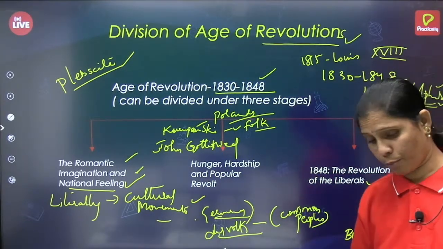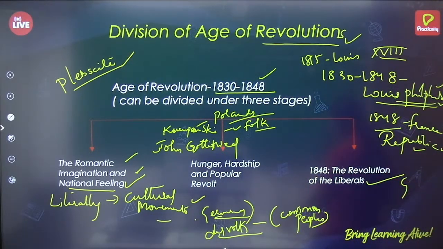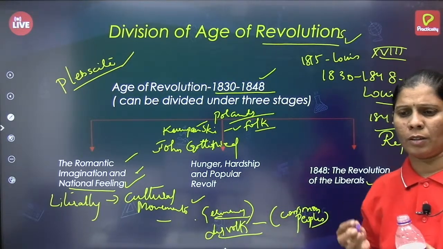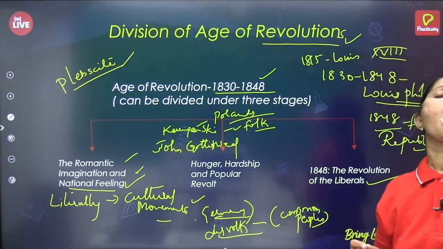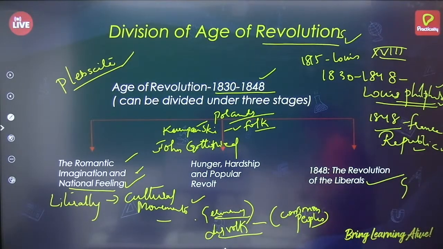Let us have a second concept, in the age of revolutions, the second stage of romanticism, imagination and national feeling. Please note this, children: Das Volk, its meaning is common people.